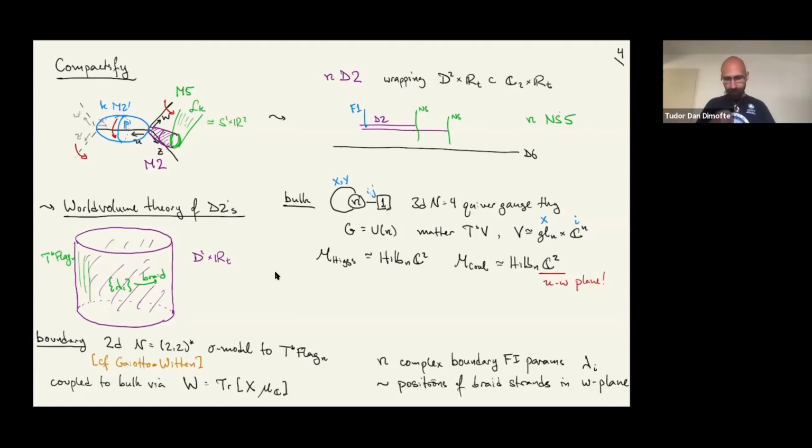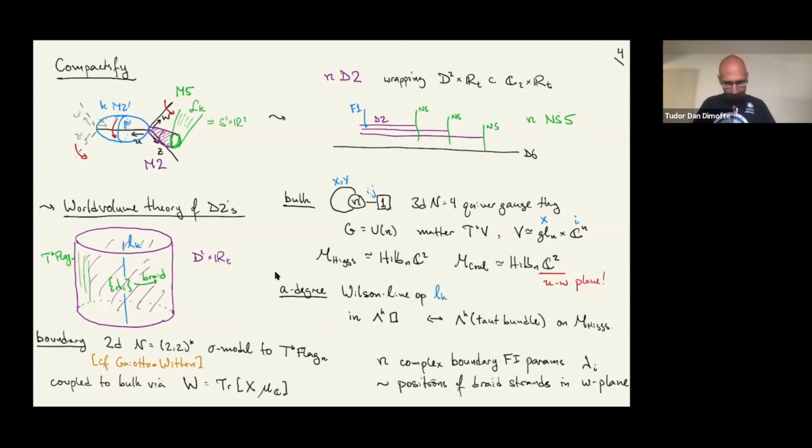And each of these complex FI parameters is telling you the location of a certain strand of this braid. And as we go around the boundary, the FI parameters can move, and this motion encodes the actual braid that we have.